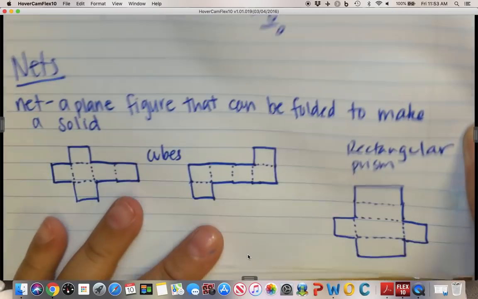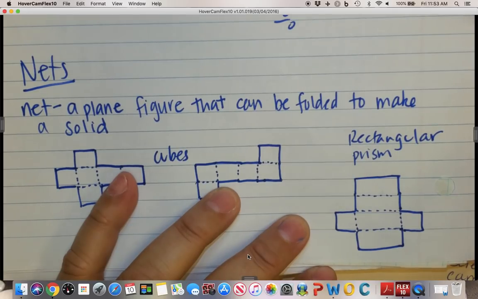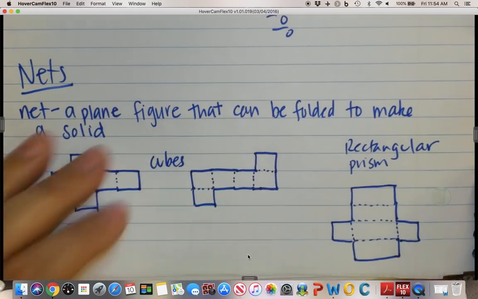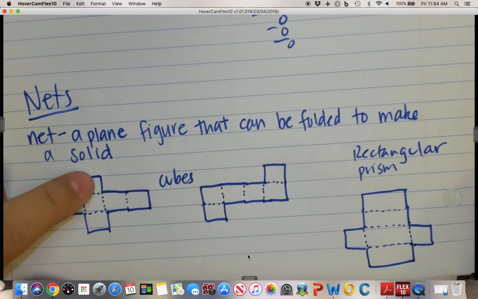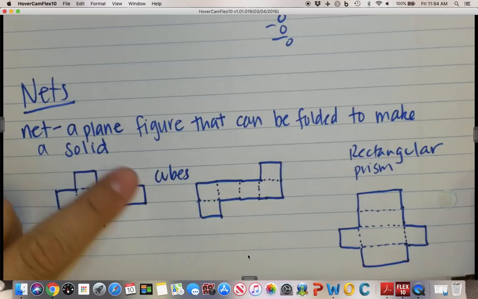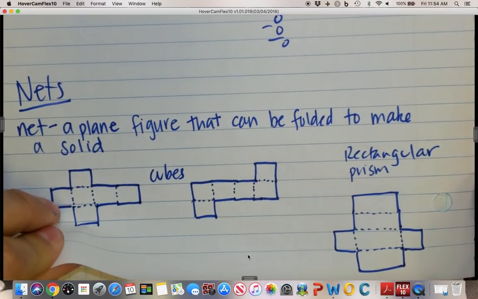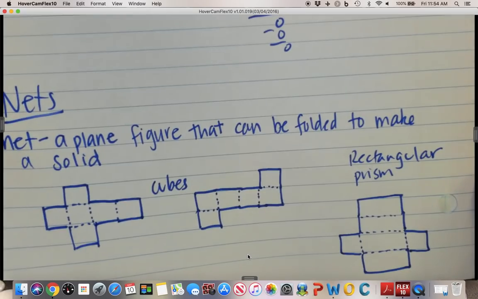So these are your faces. These are your sides. And we know that a cube has six faces. So we know that we should have 6 boxes to fold.